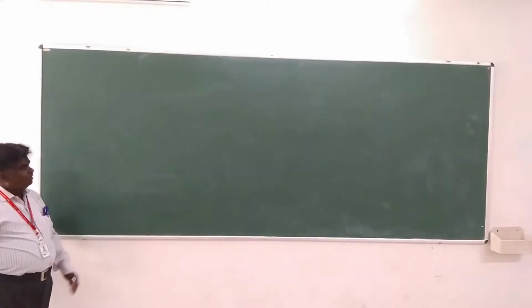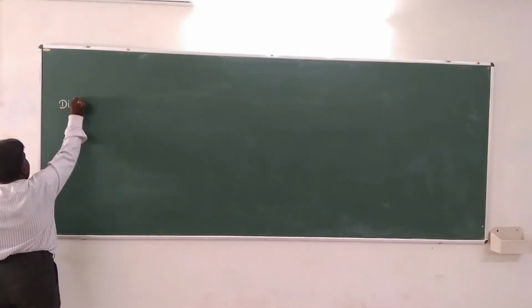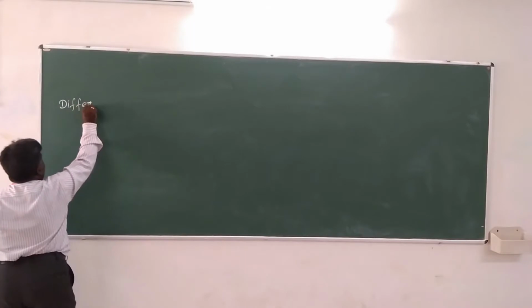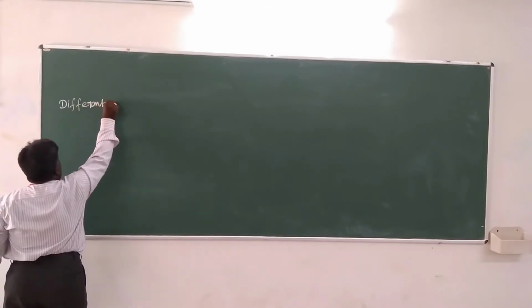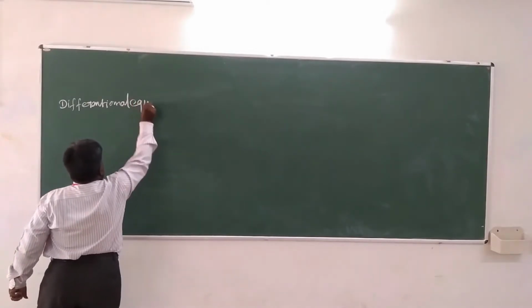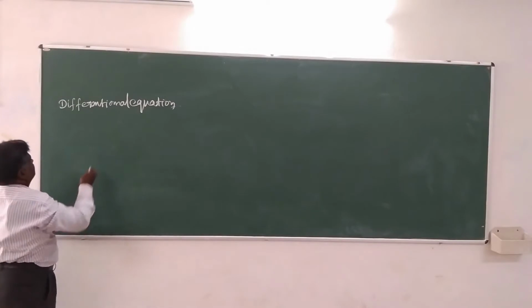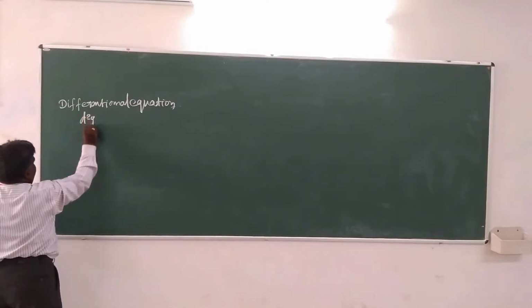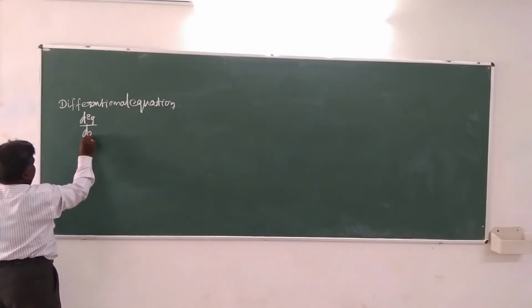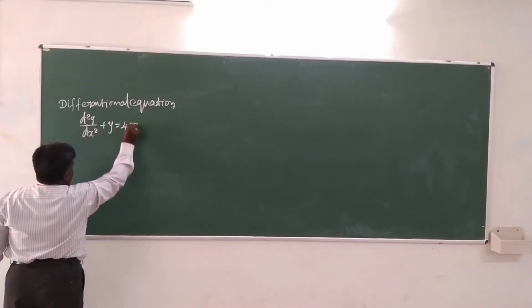In this problem, the differential equation is given: d squared y divided by dx squared plus y equal to 4x.